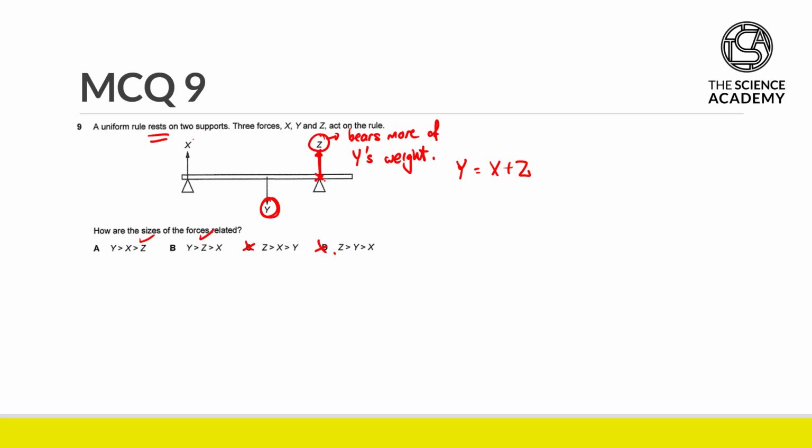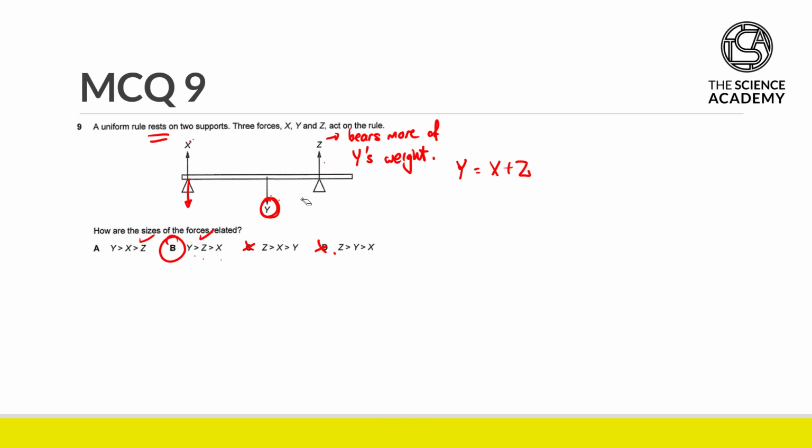If let's say y is sitting directly on z, this means that z is bearing y's weight entirely, and if y was sitting directly at x, that means x must bear y's weight entirely. So because y is closer to z, z bears more of y's weight, and hence z is greater than x. So answer for this is B.